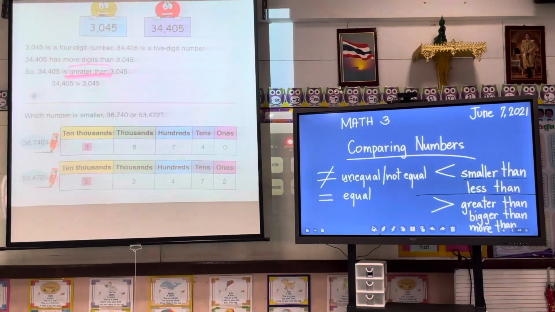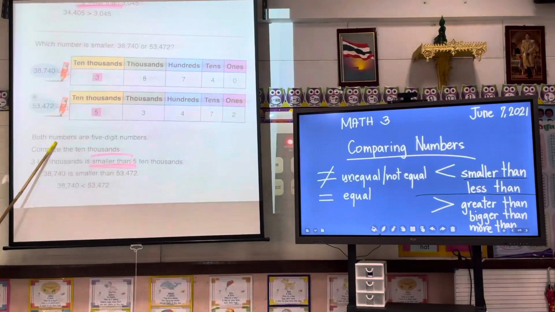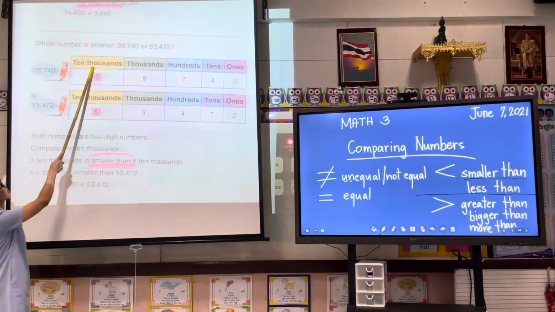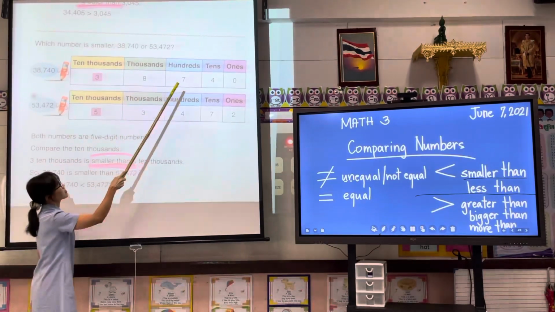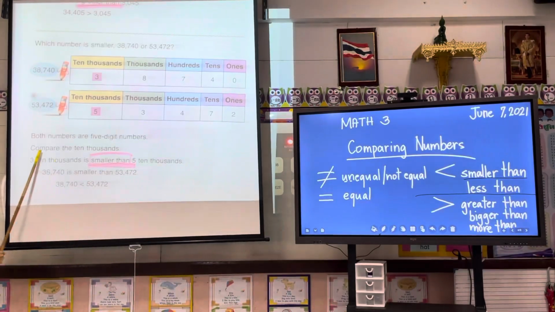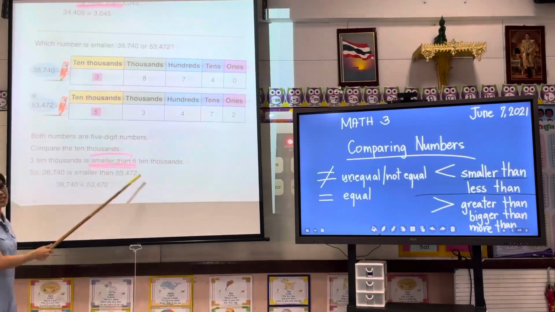Okay? So first, it says here, both numbers are 5-digit numbers. So they have the same 10,000s, thousands, hundreds, tens, and ones. The second tip, compare the 10,000s.